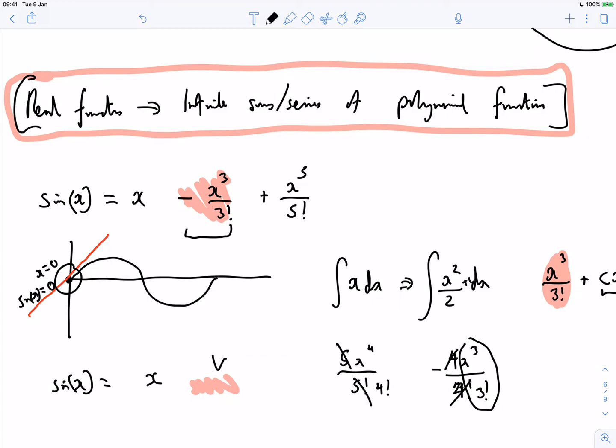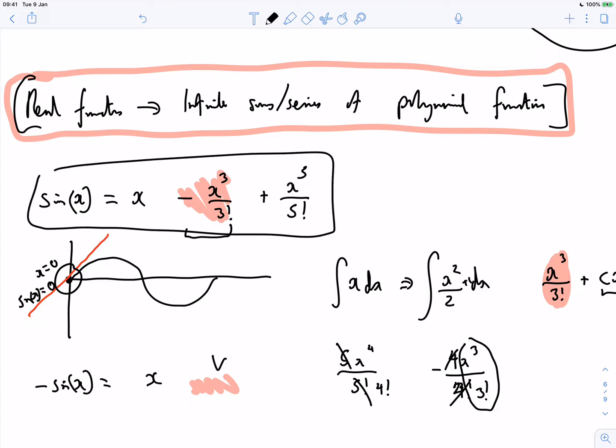If I was to differentiate this whole thing again twice, I would get minus sine x, I would get minus x there, and I would get positive x cubed over 3 factorial, because x to the 5 over 5 factorial differentiated twice becomes x cubed over 3 factorial.